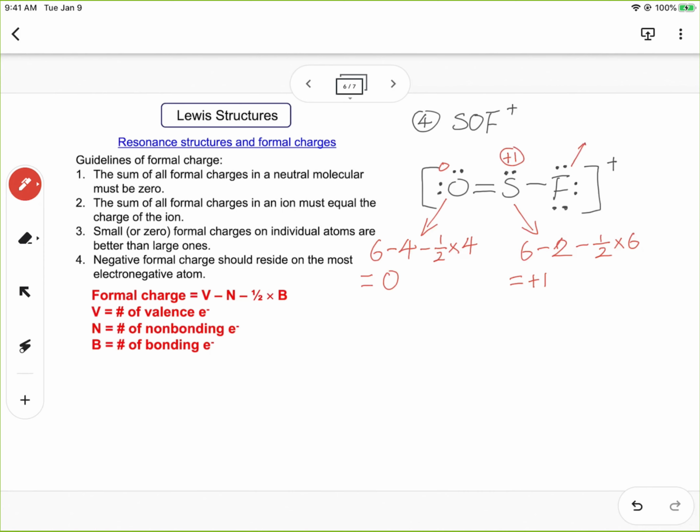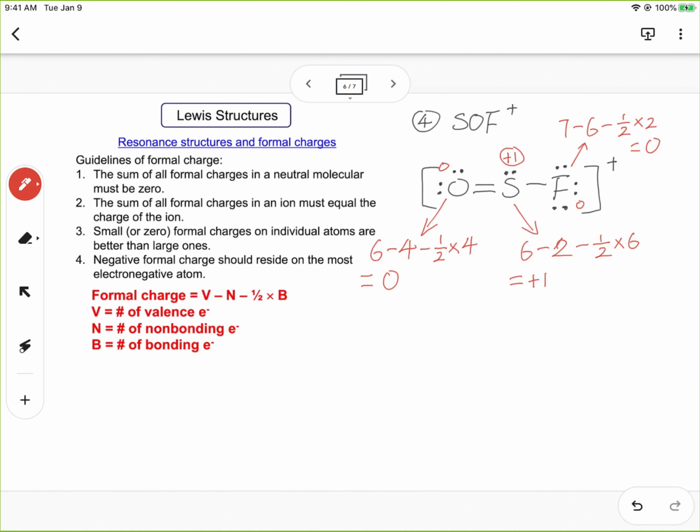For fluorine, you have 7 valence electrons, group 17, remember? Now you have 6 dots, so 6 non-bonding electrons, minus half of its bonding electrons, 1 single bond for fluorine, so 2 electrons. Therefore, for this one, it would be 0. 0 for fluorine. So this is the formal charge.